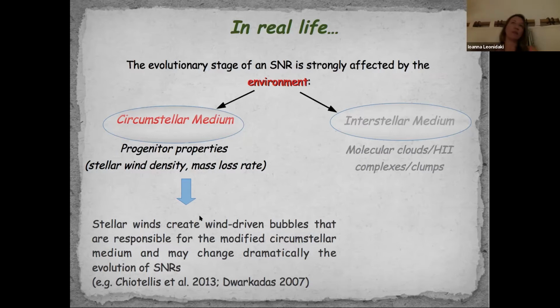The cavity that they create around the progenitor is very responsible for the circumstellar medium in the first phases of the SNR. And in some cases, as inferred by Alexandros and Arkadas in 2007, it can speed up or even skip stages in the life of remnants.